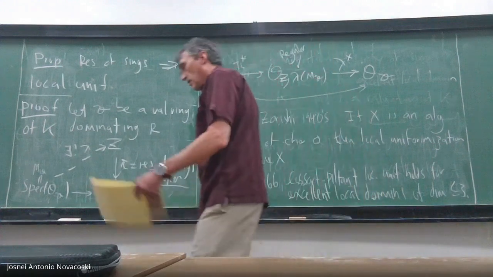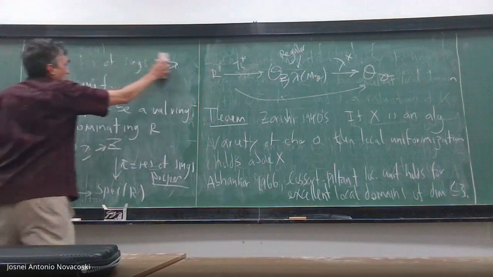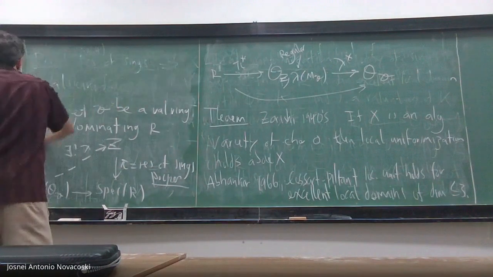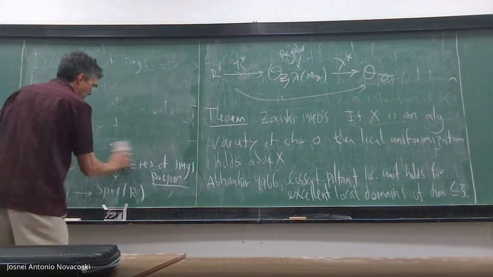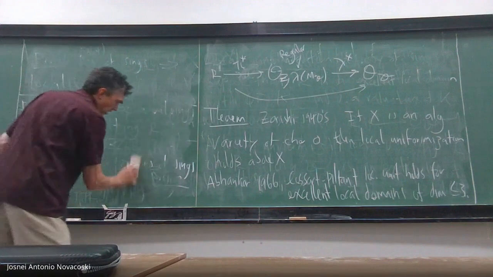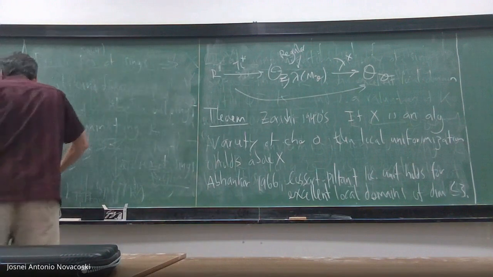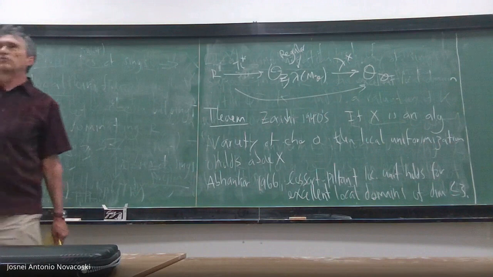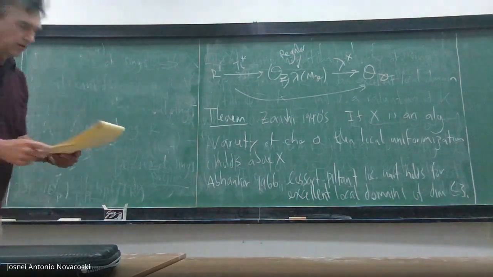Okay, so let me tell you what this is, and then we're going to look at it in a very specific case of blowing up points on the surface, and we will then resolve plane curve singularities, which contain already many of the ideas in the subject.